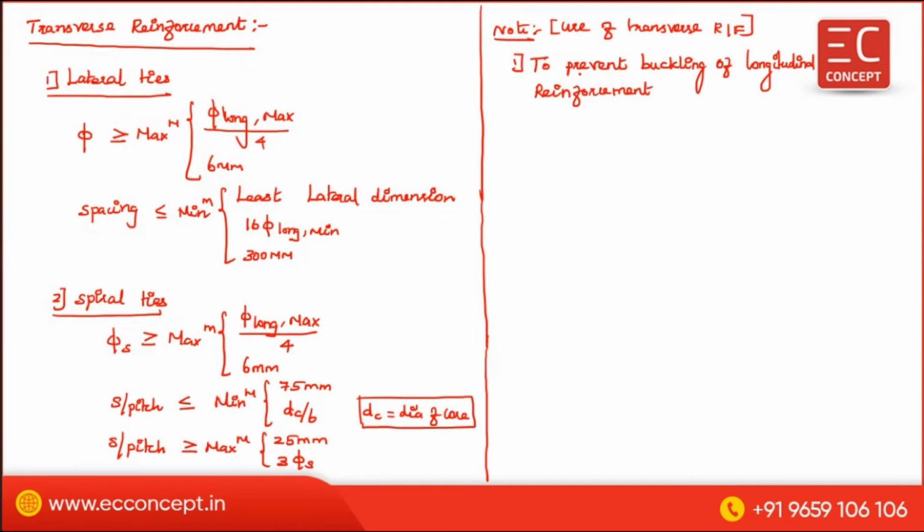First one is to prevent buckling of longitudinal reinforcement. That is the first point. Second one is to hold longitudinal reinforcement at its position.